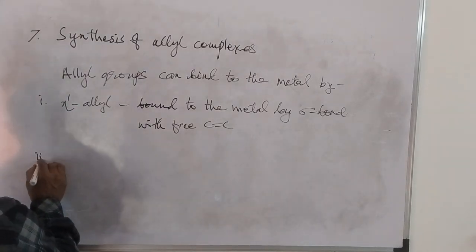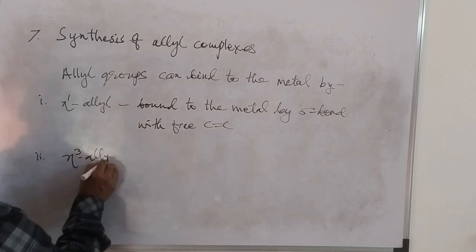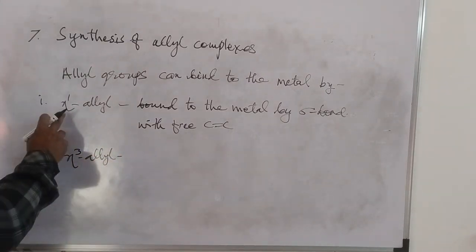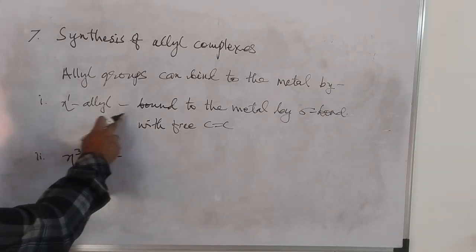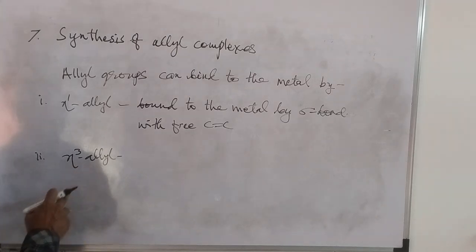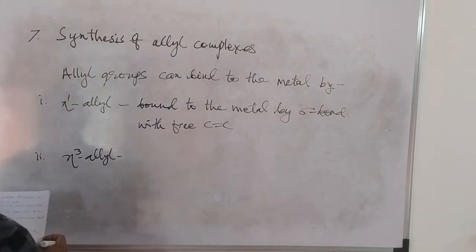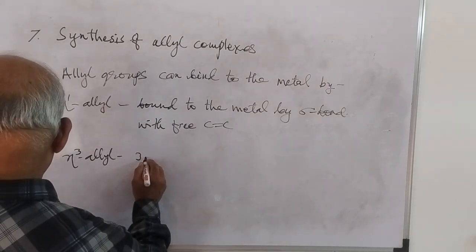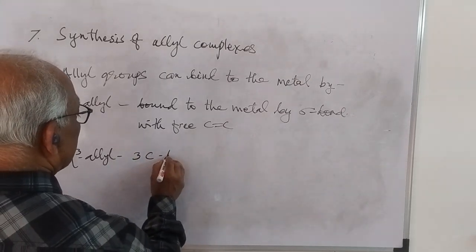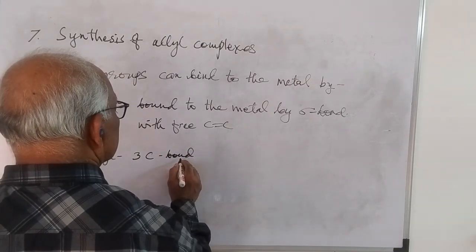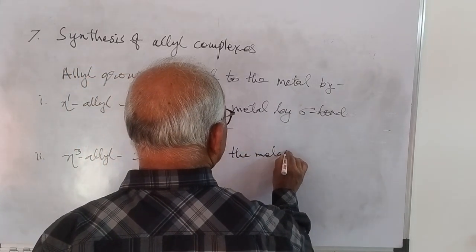And the second way is eta 3 allyl. In the eta 1 case only one carbon atom of the allyl group is bonded to the metal. Here in the eta 3 case, three carbon atoms of the allyl group are bound to the metal.